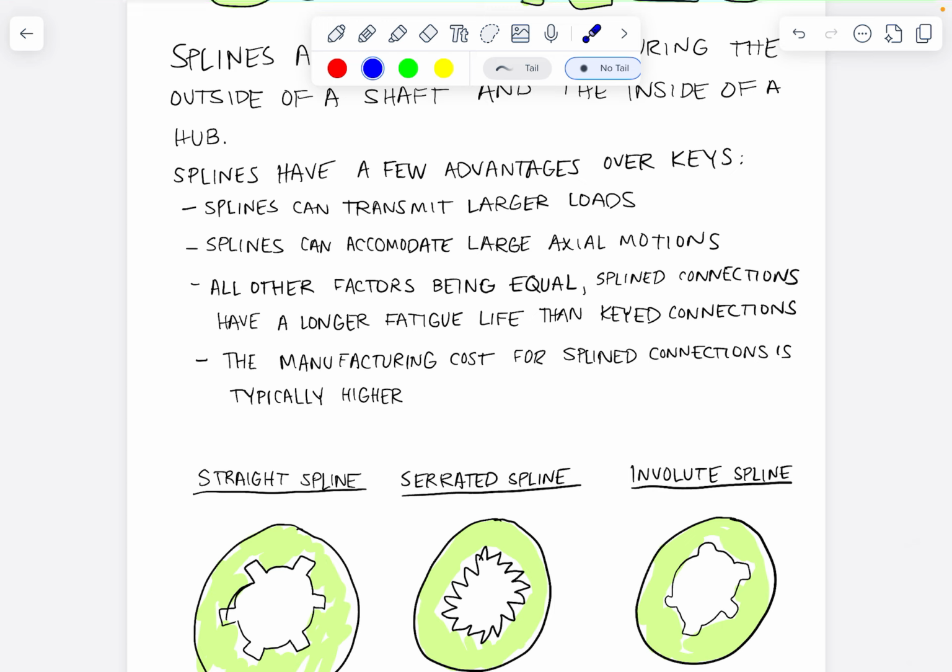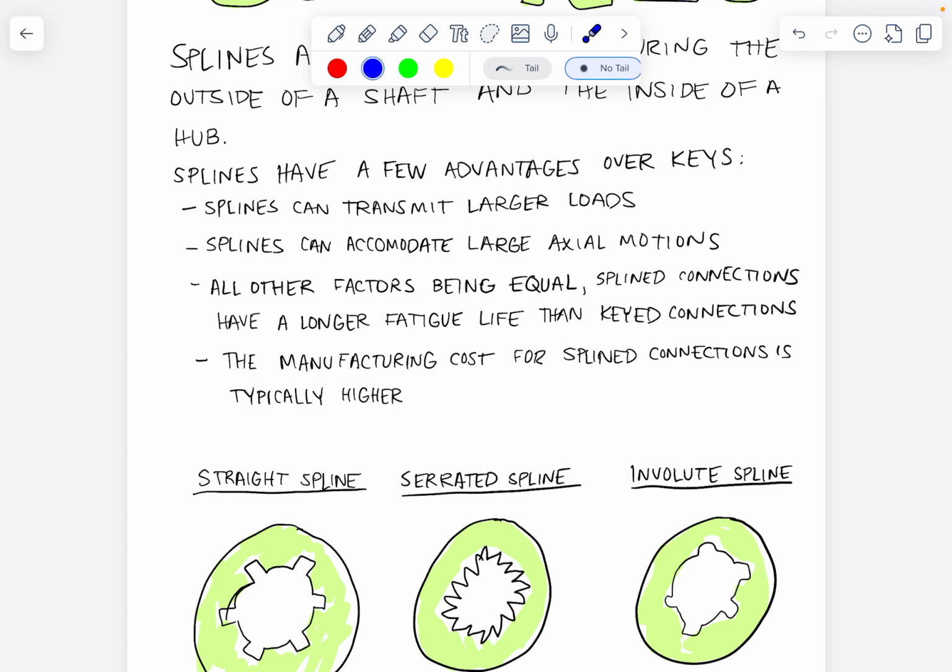The splines can transmit larger loads than keys because effectively, as this is drawn, we have 1, 2, 3, 4, 5, 6 keys that are splitting that same load that a single key would be carrying. So we can transmit larger loads, and we can accommodate larger axial motions.